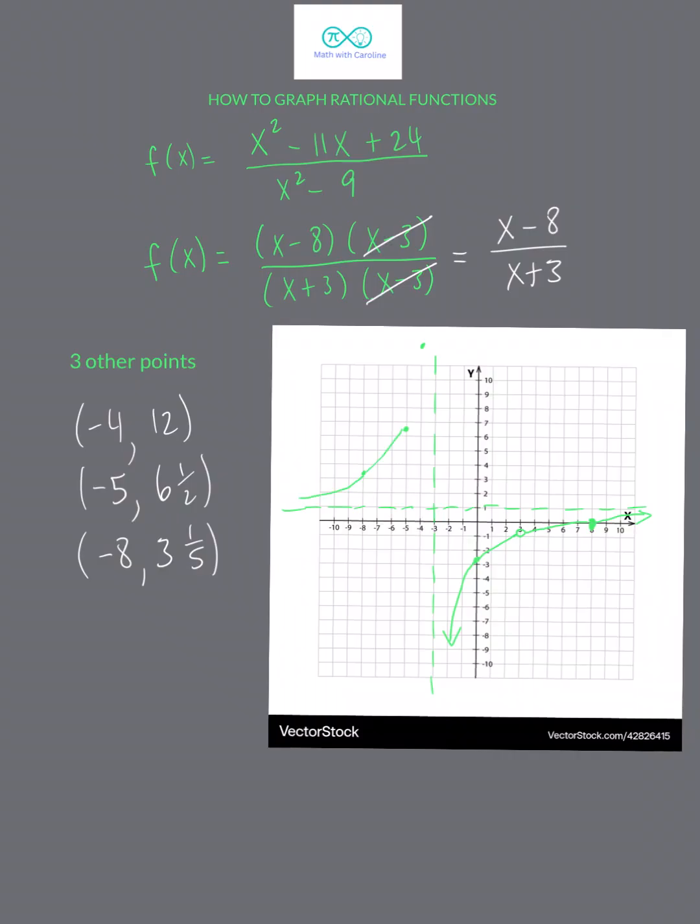Make sure you're really connecting your points here. And make sure that you do not cross this vertical asymptote here. This is going to approach the vertical asymptote, and do not cross this horizontal asymptote. Now your rational functions can technically cross through a horizontal asymptote.